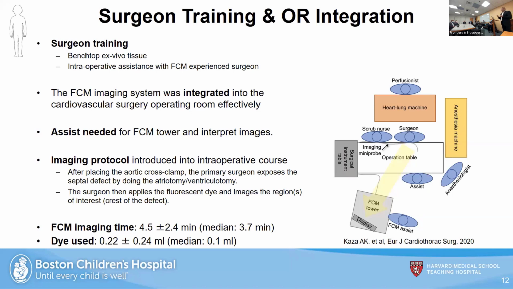The surgeon then applies the fluorescent dye and images the regions of interest they suspect are high risk, which is usually near the crest of the ventricular septum where the defect is. On average, a surgeon took about 4.5 minutes for the imaging, with a median of about 3.7 minutes, and used about 0.2 mL of dye intraoperatively. The median is mostly about 0.1 mL.